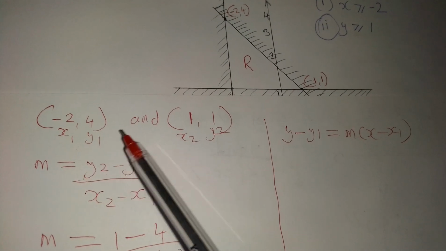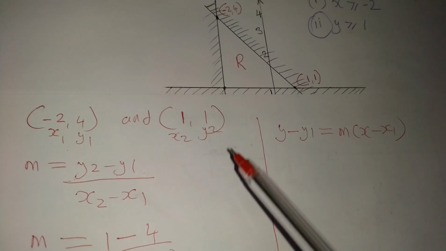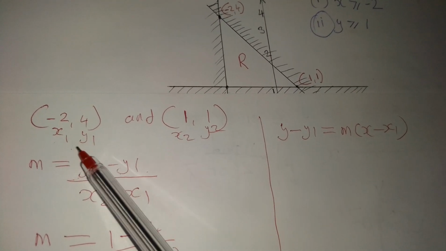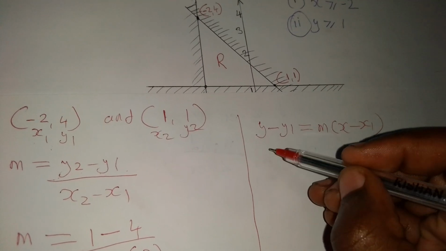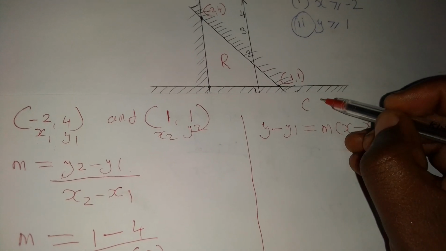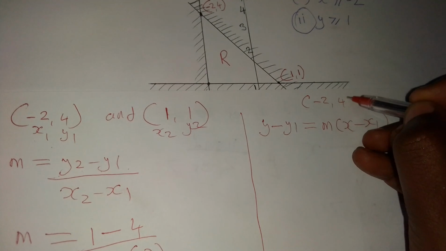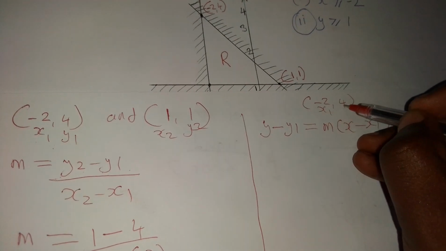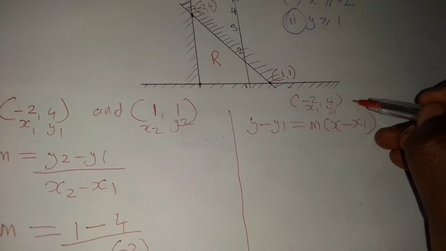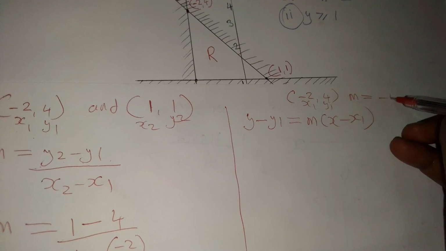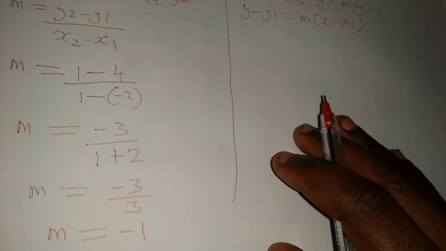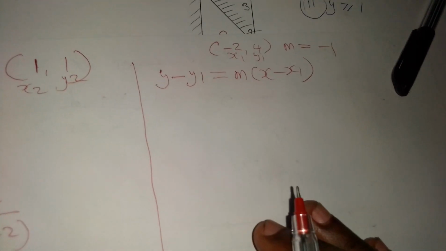We can pick this or we can pick this. So suppose I pick the first point, -2, 4. This is x1, y1. Then we know gradient is equal to -1. We have found the gradient to be -1.